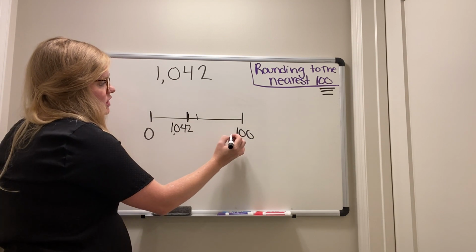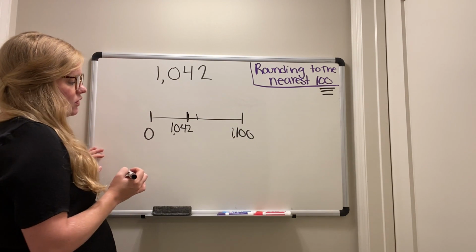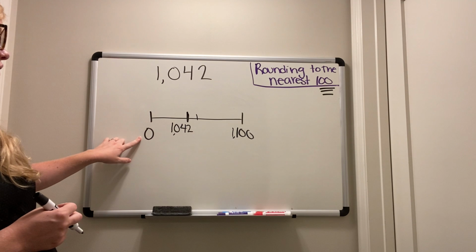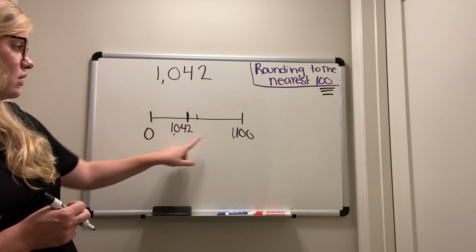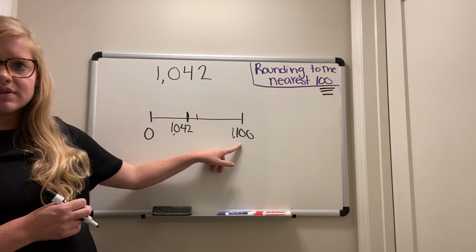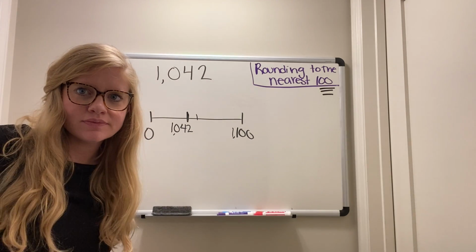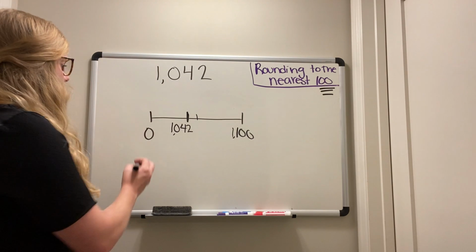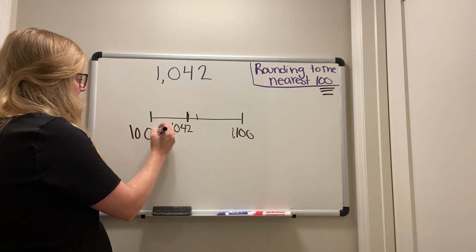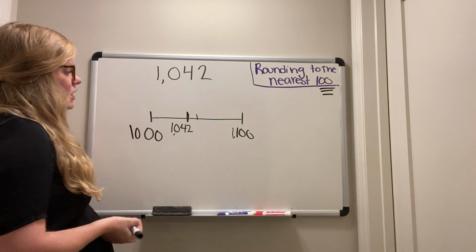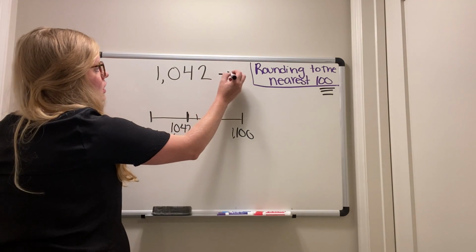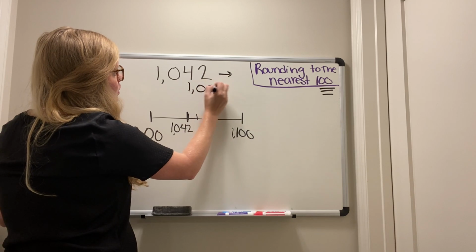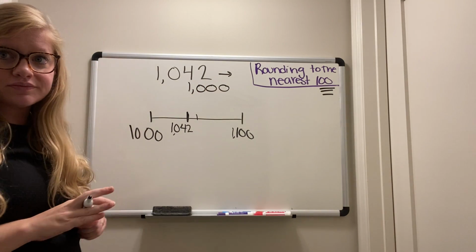And this is 1,100. Now what would be the other 100 that this would be in between? Good. 1,000. 1,000 and 1,100. Now, since this is closer to 1,000, we would round down to 1,000.